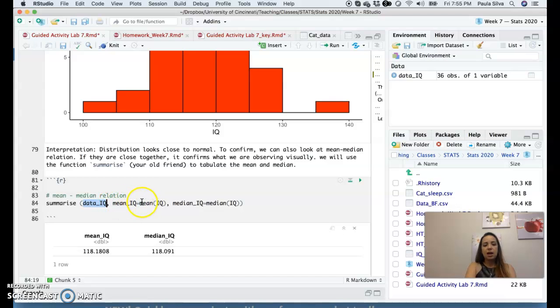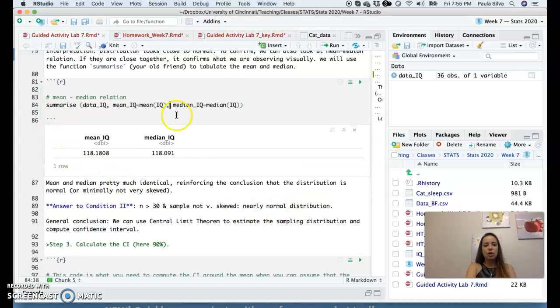I'm asking R to compute the mean of IQ and the median of IQ, and store the mean in the variable mean IQ and the median in the variable median IQ. If I run this, you have your little table, and looking at them, you can see that they are pretty much the same, which reinforces the conclusion that the distribution is normal, or at least not very skewed at all.